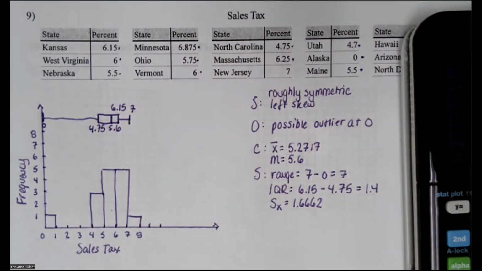Is it easier to see the left skew now? You see the tail? Remember, take the word skew, replace it with tail. Which side is the tail on? The left.